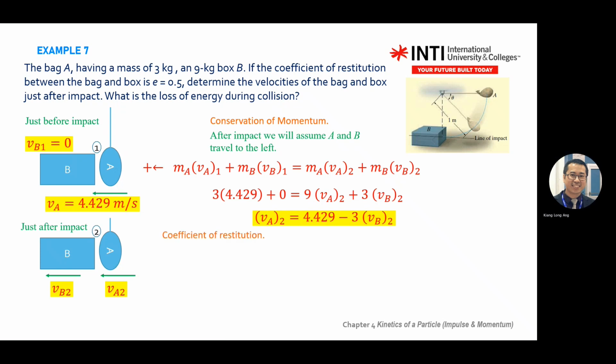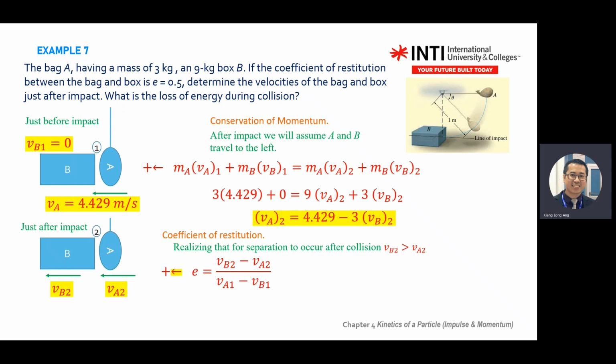You call equation of restitution. You call that one because after collision, VB2 move faster than VA2. So you can use this one. You derive this equation because the VB2 is faster than VA2.